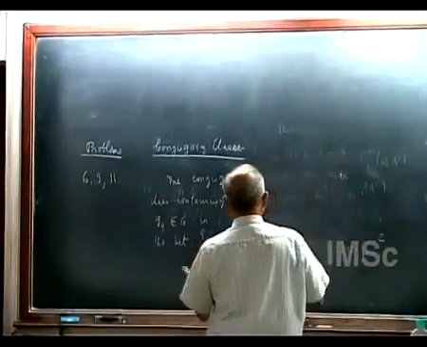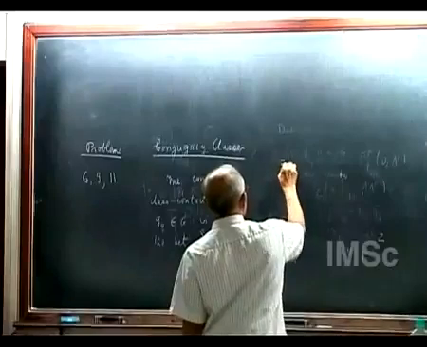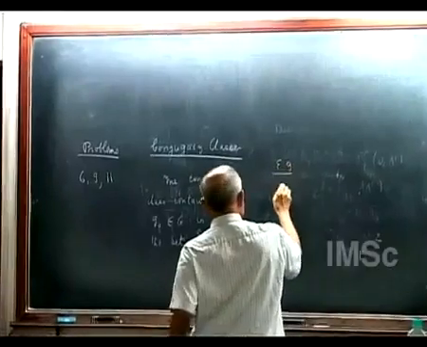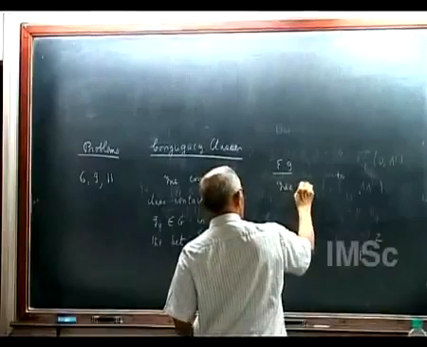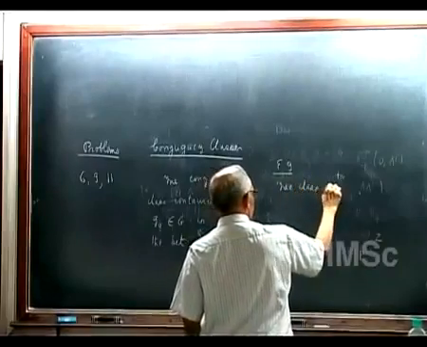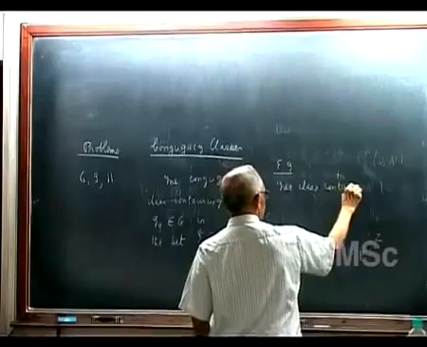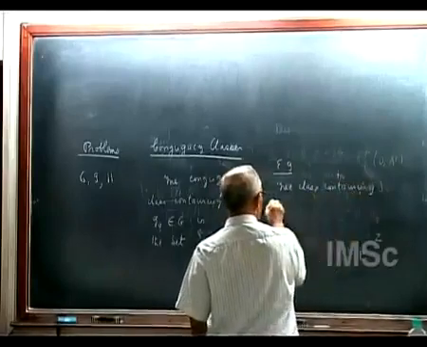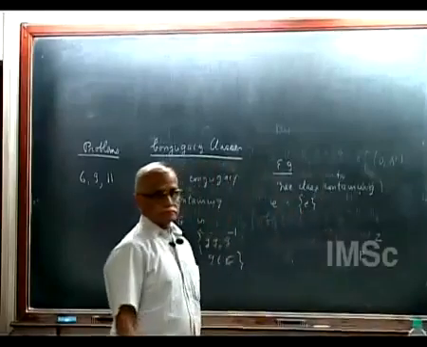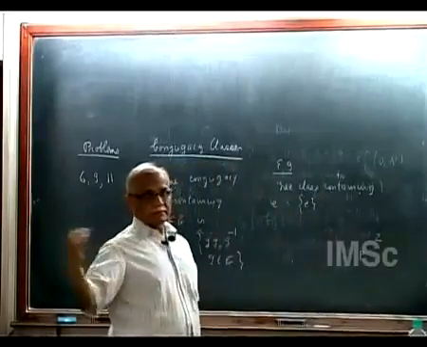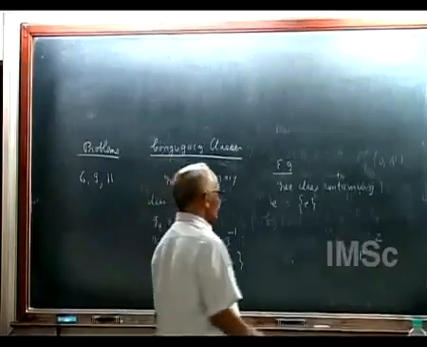Example. The conjugacy class containing E is simply the identity, as I said. But in general there will be many conjugates, the class containing a permutation.